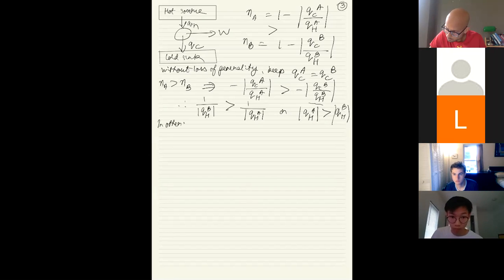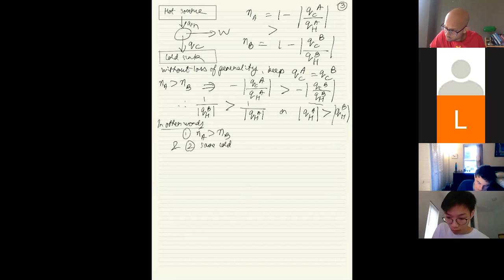In other words, what we have just shown is that efficiency A more than efficiency B and same cold sink temperature, together these two things mean that the hot source for A is hotter than for B.